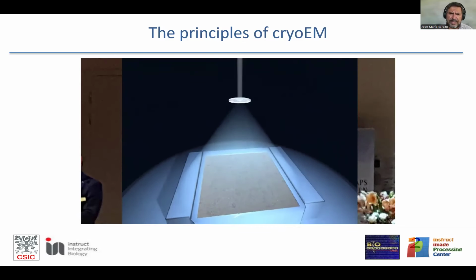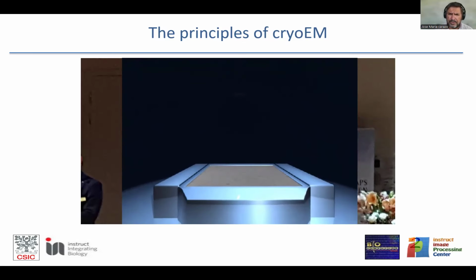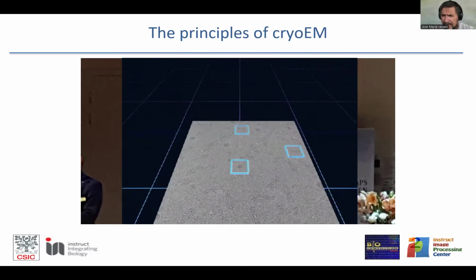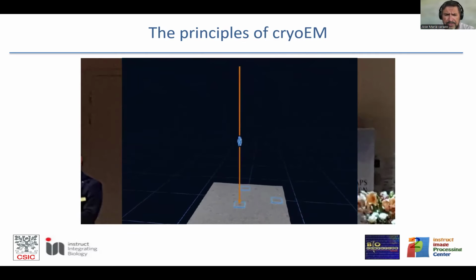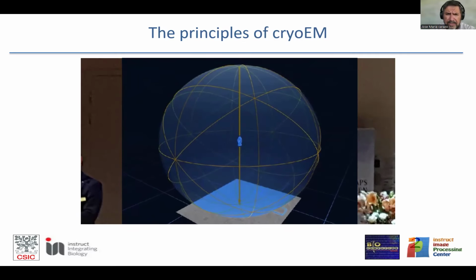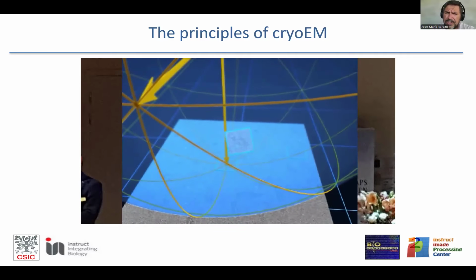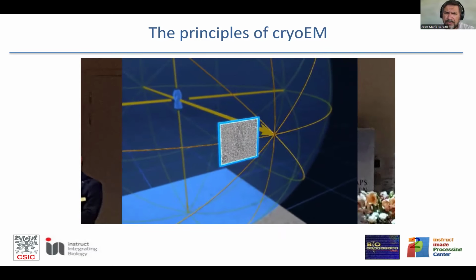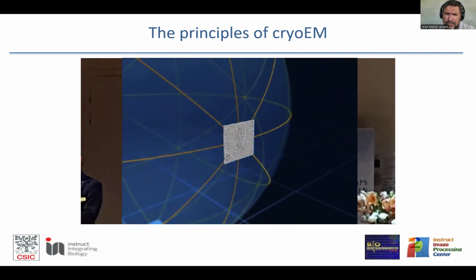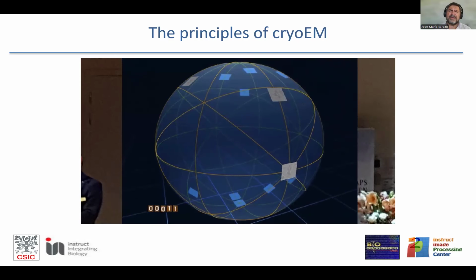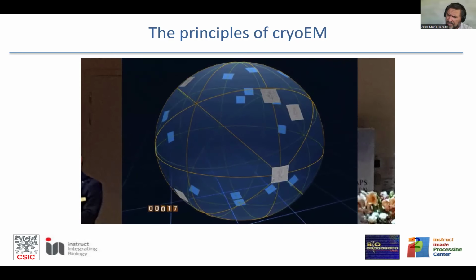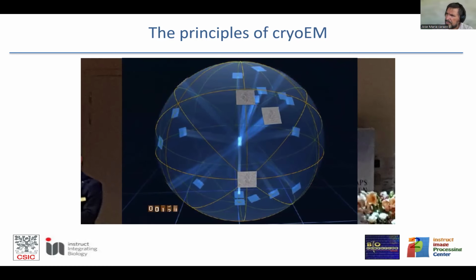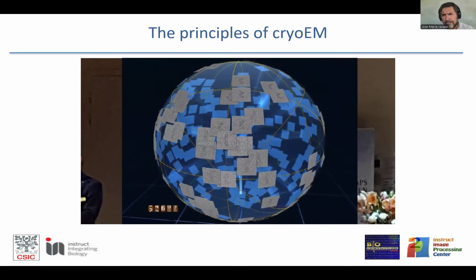Stop crystallinity in the ice, and now you use the electron, you get the projection images. This is how noisy our images are, and then we select a number, could be 500,000 particles. We a posteriori detect the projection direction, and once we know the projection directions, then we do the 3D reconstruction, because we start using this algorithm that started to be proposed 110 years ago.